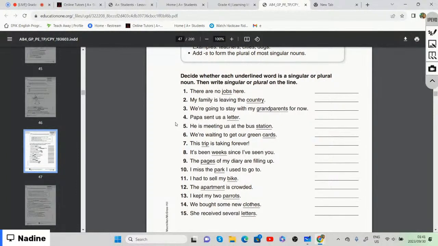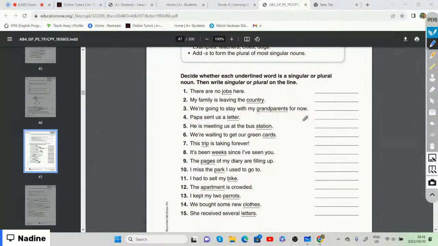Okay. So jobs, so we're going to say jobs is plural because it shows more than one. It's like more than one job that you have. My family is leaving the country. So country, is country singular or is country plural?